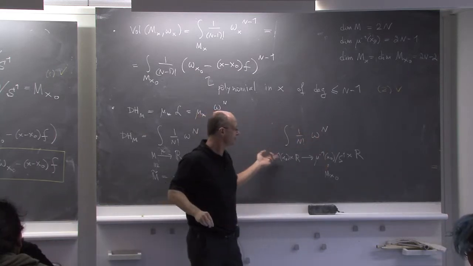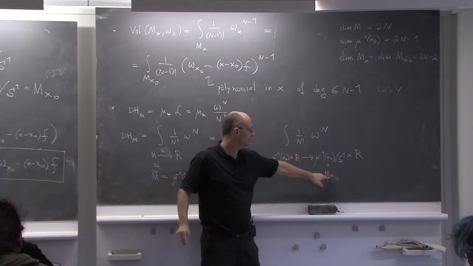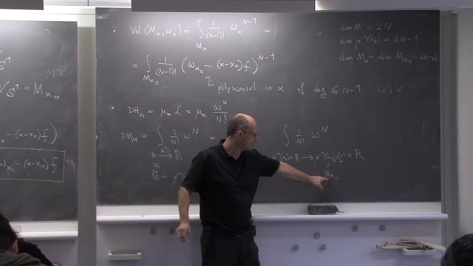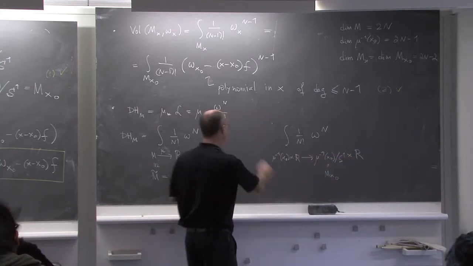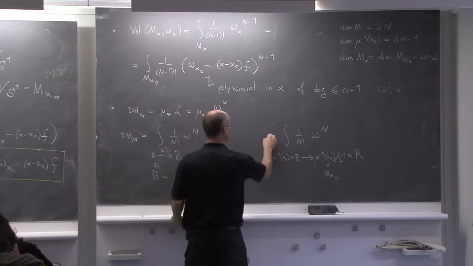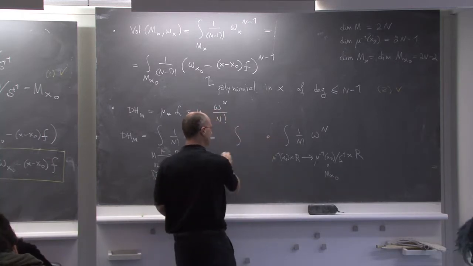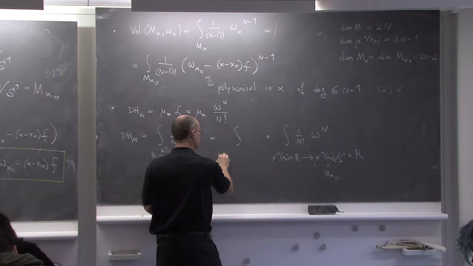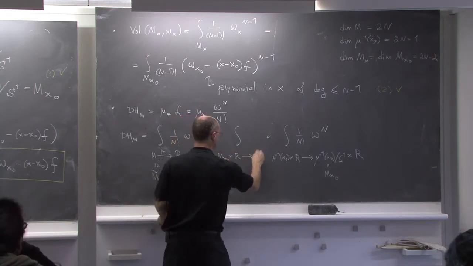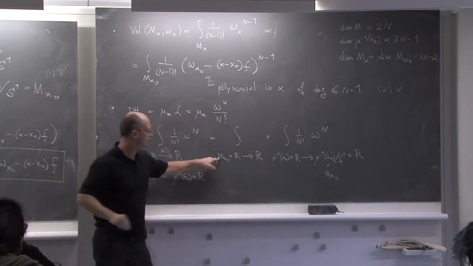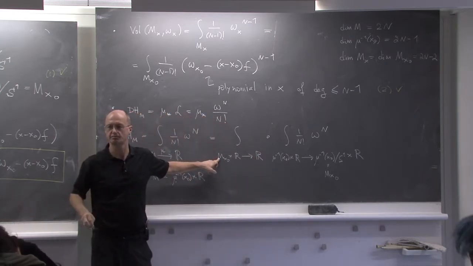When I do this integration, I will obtain a top degree form on M x0 times R, and now I would like to integrate it over the M x0 directions.